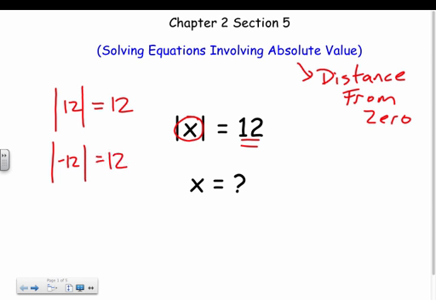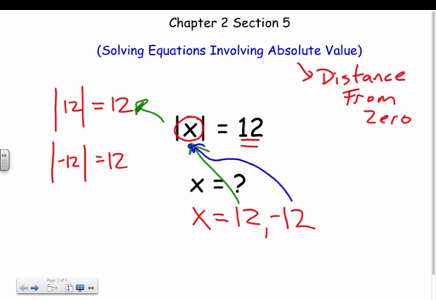So I could say that x equals 12 and negative 12. Because I could plug a 12 in here, the absolute value of 12 is 12. And I could also plug a negative 12 into this equation, like I did over here. The absolute value of negative 12 is also 12. So basically, I got to think what could go inside of here to make this 12. Well, both a positive 12 and a negative 12 could do that.